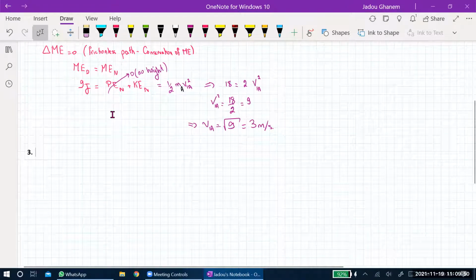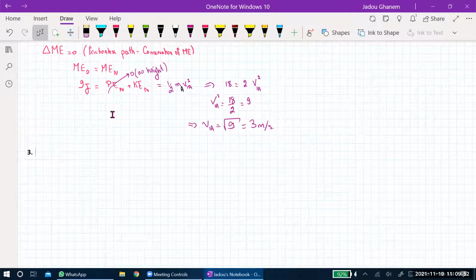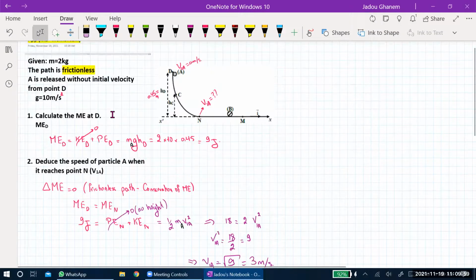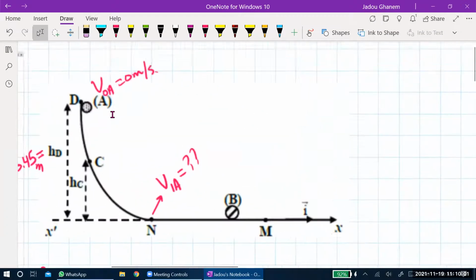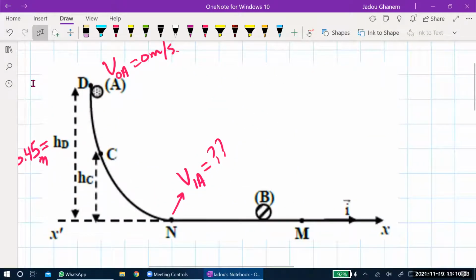Now we move to question 3. In this question, they will introduce chapter 2, linear momentum. They said that this particle A started moving from rest at point D towards point N. And let me just inform you what will happen here.